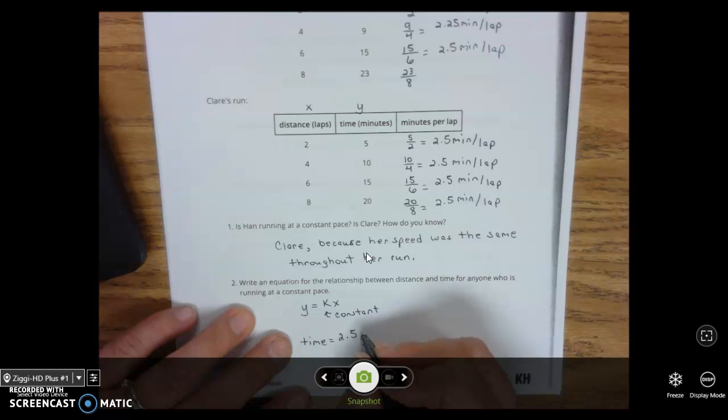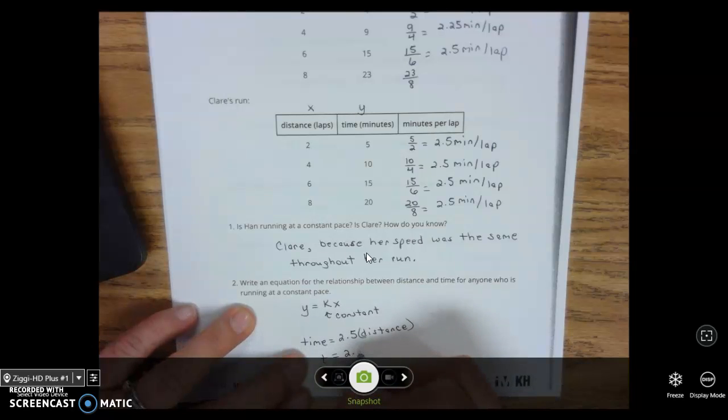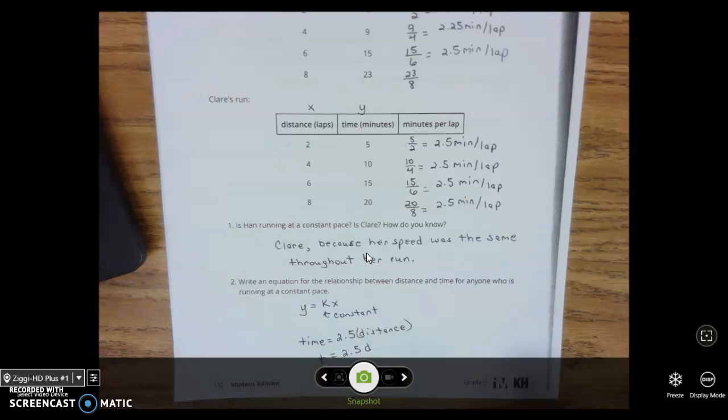And we're going to multiply that times x, which was our distance. So we could shorten that by just saying t equals 2.5 times the distance.